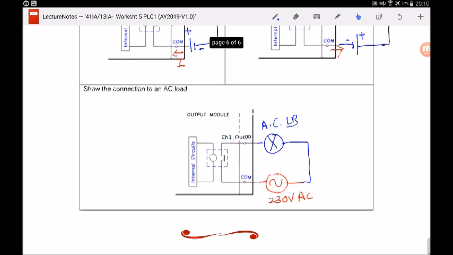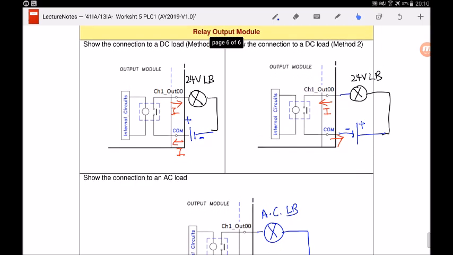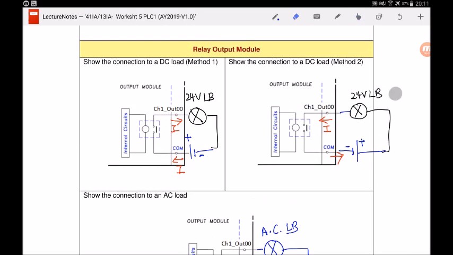So you can see that the relay output module is actually quite universal because it can support a DC load or an AC load. If your load is AC, definitely you need an AC power supply. If your load is DC, like this 24 volts light bulb, I need a 24 volt power supply. Same goes for this.